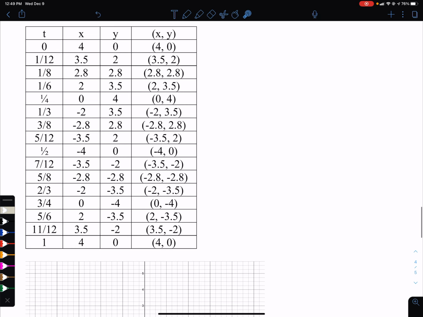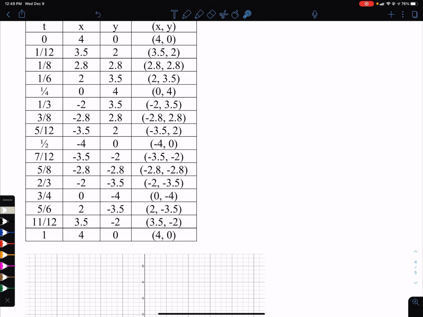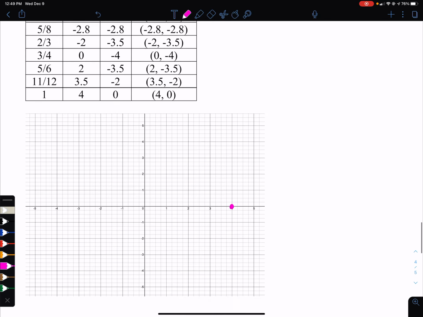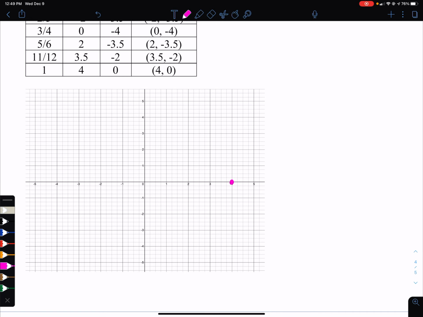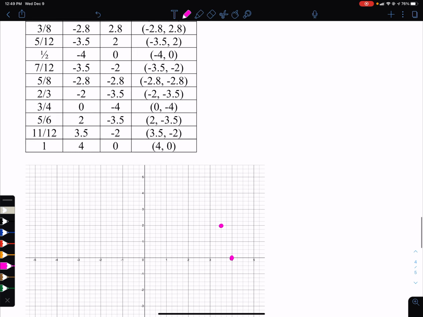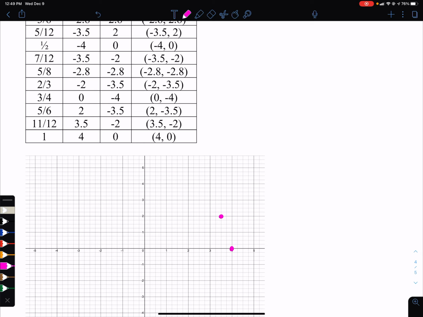And I got these points. So I'm going to plot these, and we're going to see what we get. So we start off with 4, 0. I can do that. Then we get 3.5 and 2. Then we get 2.8, 2.8, right around there.